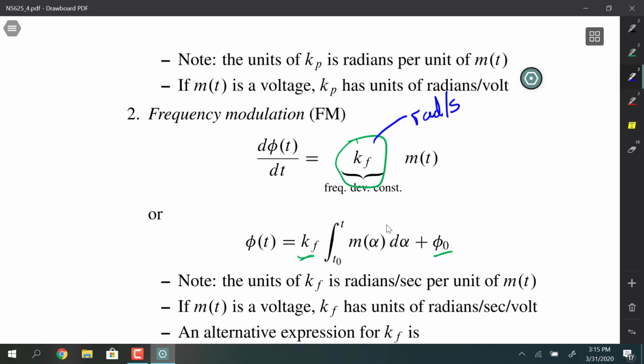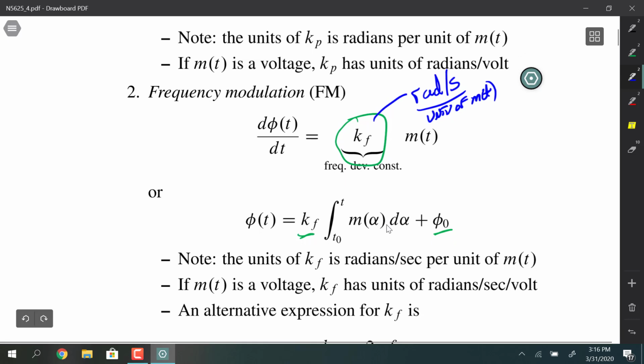The units that you come out of that would be radians per second, divided by units of m of t. Oftentimes it will be volts if it's a voltage controlled oscillator, and we'll get into that in a little bit here too. That's actually where the lab experiment would have started.